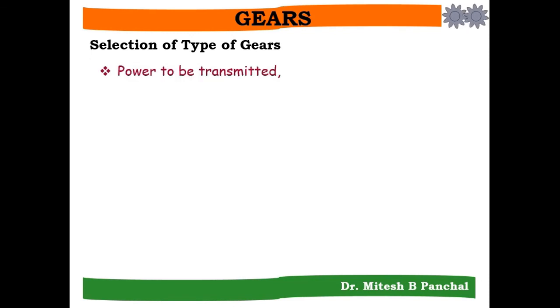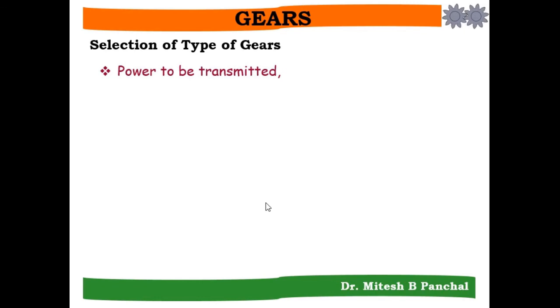Next, we have the different factors. Apart from layout of shaft and speed reduction, the power to be transmitted is also considered for the proper selection of the different types of gear.